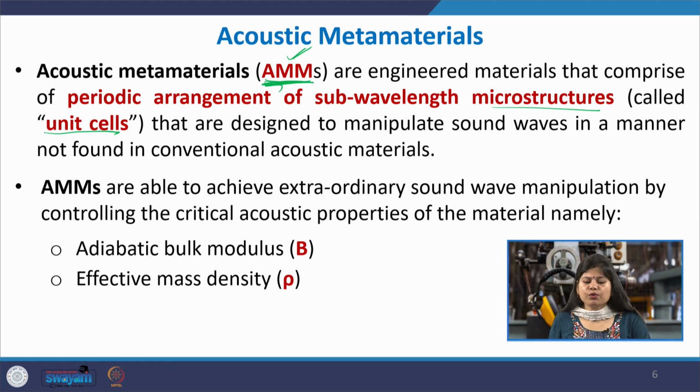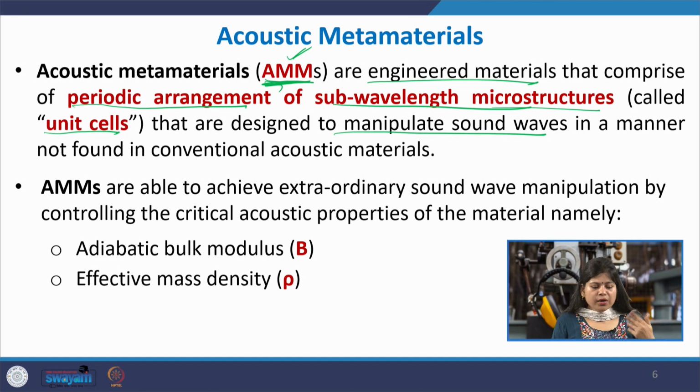Okay. So, first of all, they are engineered, not naturally found in nature but rather man-made into a certain material, and they usually comprise a periodic arrangement of some small structural elements or unit cells, and overall they achieve an extraordinary manipulation of sound waves.